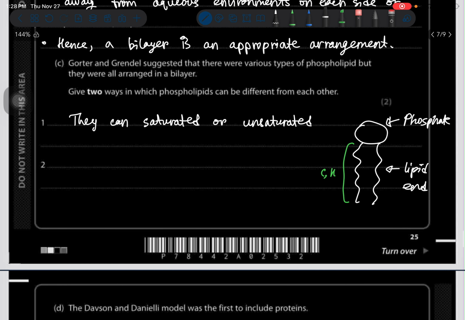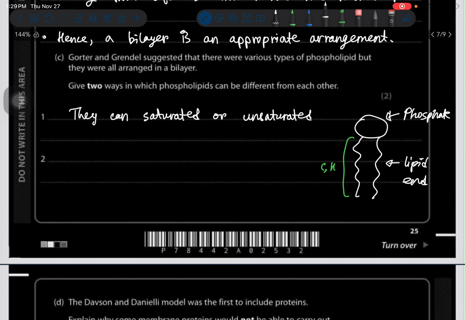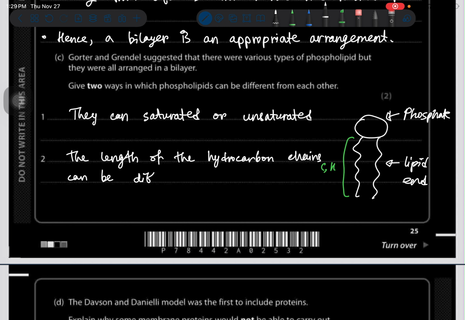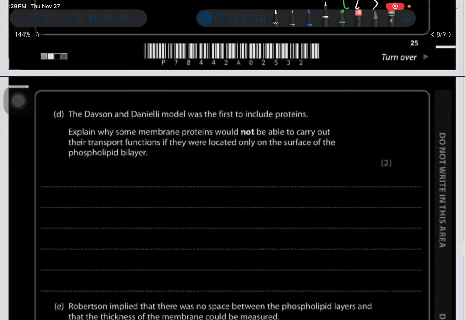You could have different groups attached to the hydrocarbon chain. Let's just write two of them as that. The length of the hydrocarbon chain can be different. Perfect. On to the next one.